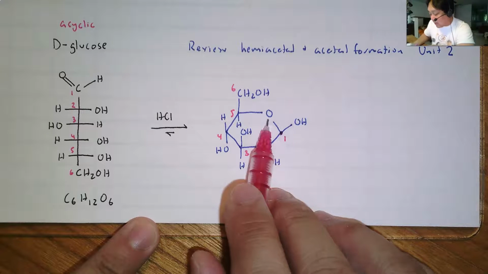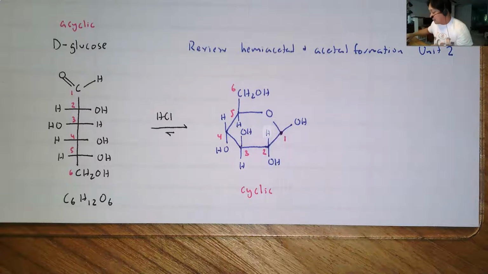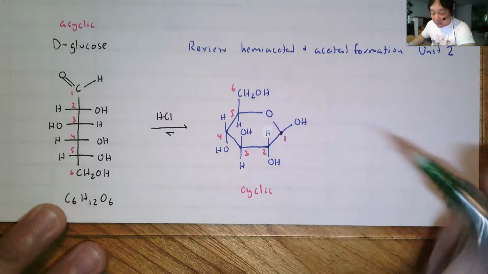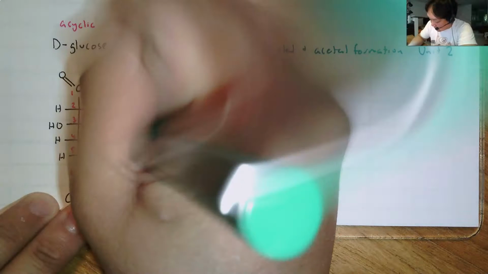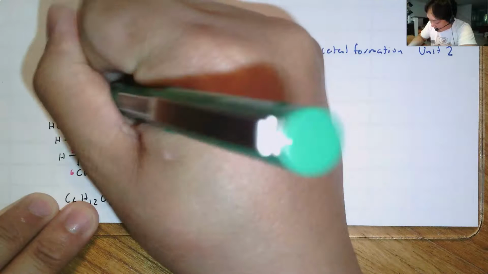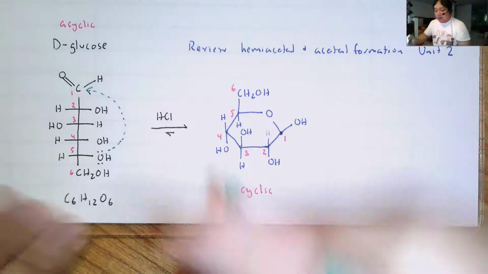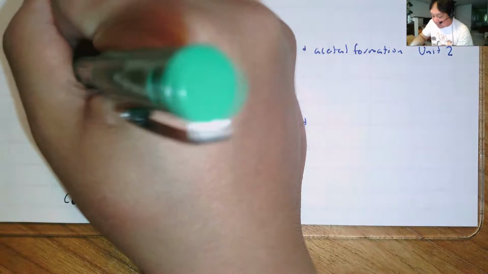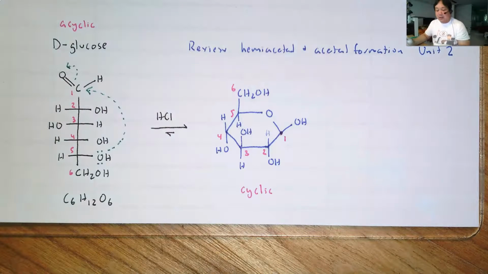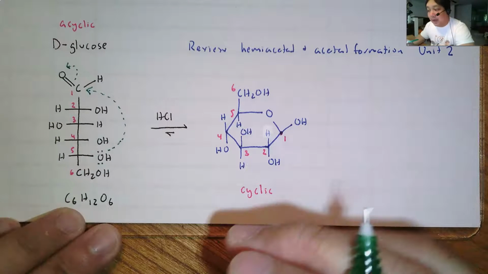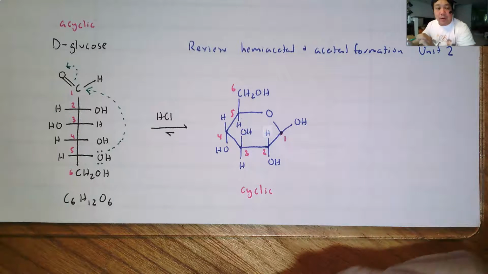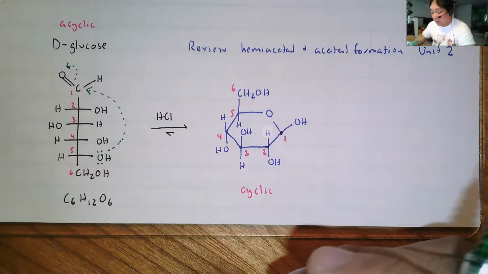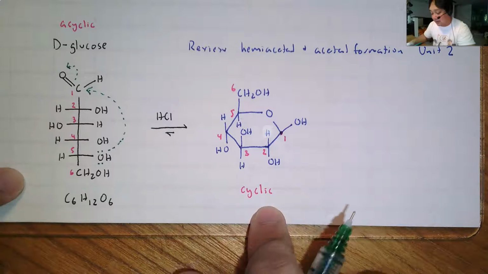And where do these oxygens come from? This came from a cyclization in which this oxygen attacked this carbon. Don't worry yet about the mechanism. Again, we will do that in the second video. Worry about where every oxygen and carbon is when you go from acyclic to cyclic.